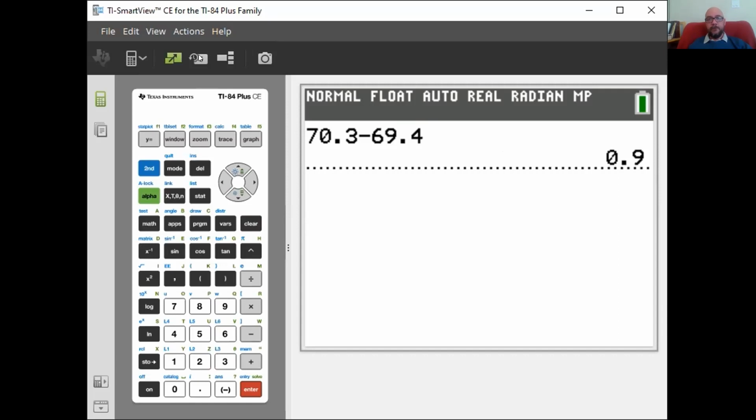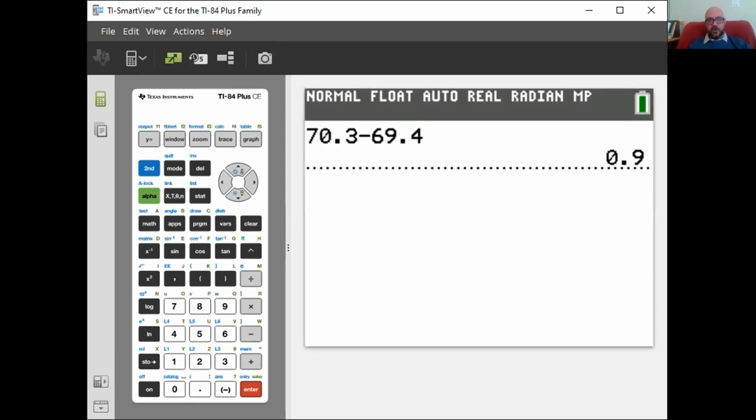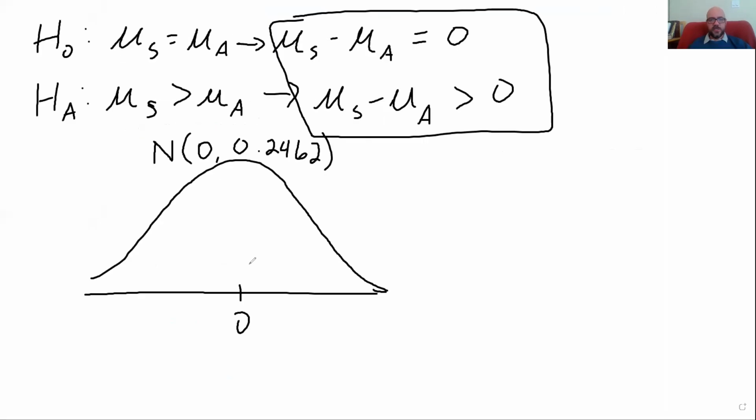So that means that when I go look at this distribution, this x-axis is all the possible differences between an element of one distribution and an element of the other distribution. So the 0.9 that I got was one of those differences. So it goes on here somewhere, right? So 0.9, I'm going to put that over here. And I'm looking for greater than, right?